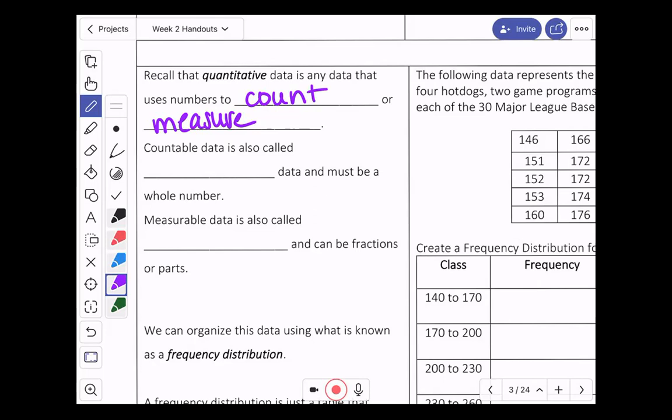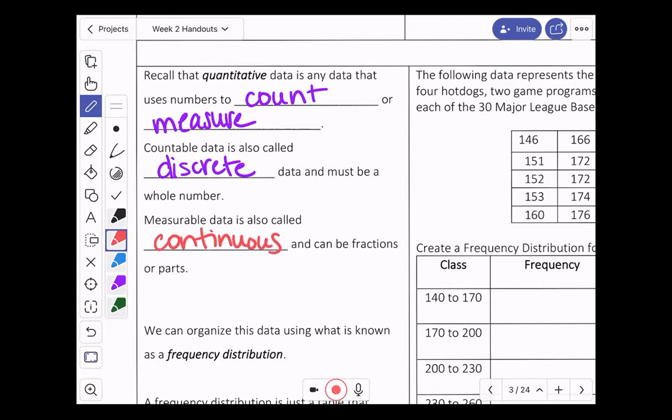So countable data is also discrete data. And what makes it countable is that the data must be a whole number. So when we count, we use whole numbers. Everybody got that? Measurable data is also called continuous data, and it can be in fractions or parts.